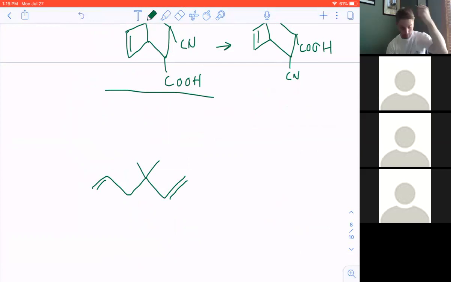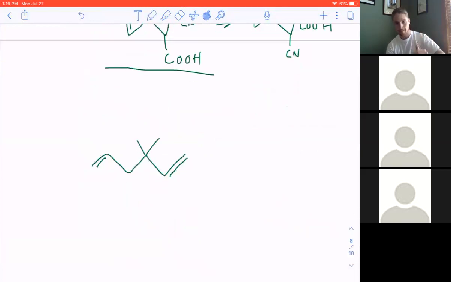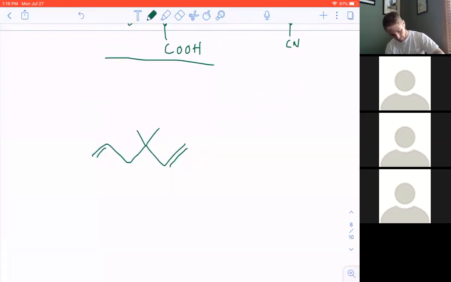So basically what you have to think about is how this would look if it were more cyclic. And so it's going to look like just doing some rotating of the bonds. So you have that. And this is the same molecule, just rotated around here and rotated around here.